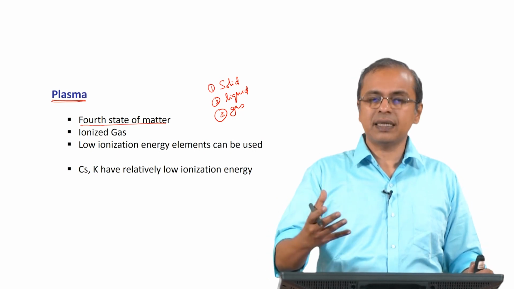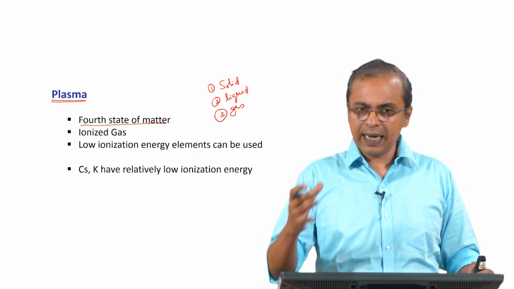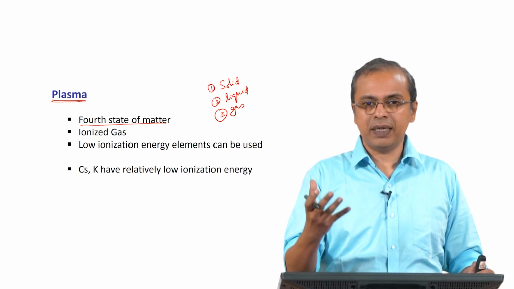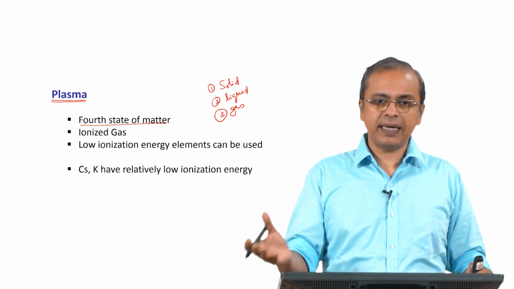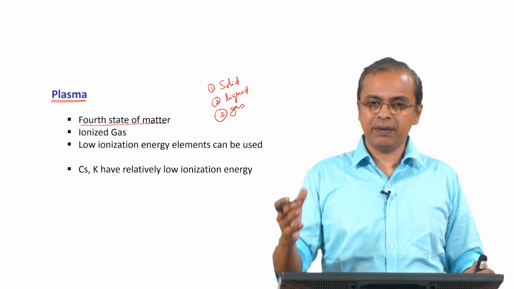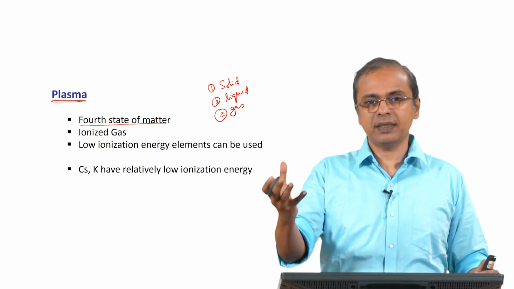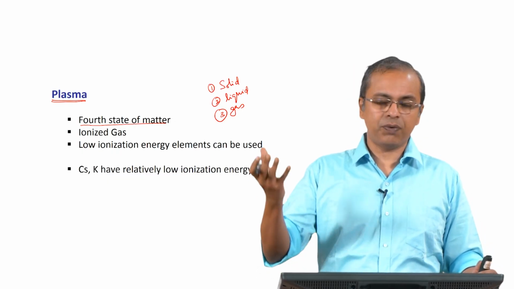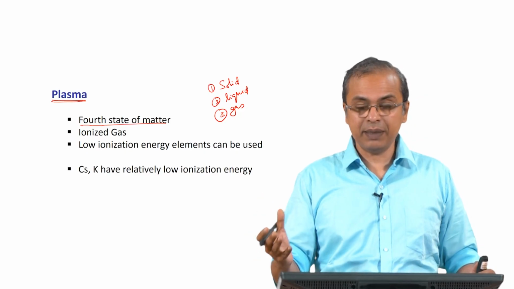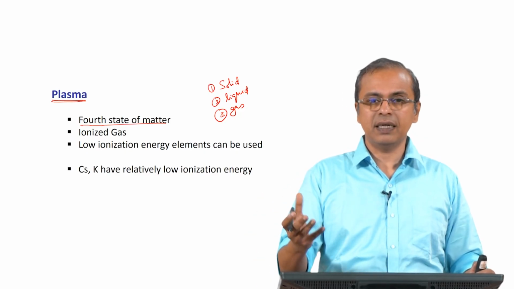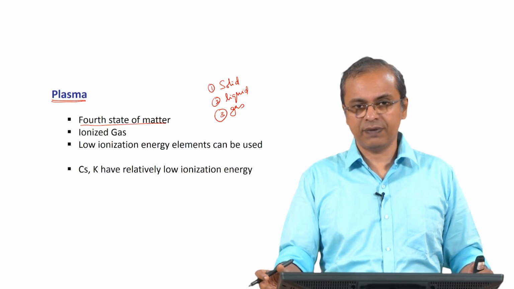So, in the sun we have plasma, and if you look at the mass of the sun, well over 99.5% of the mass of the solar system is the sun, right. So, 99 point whatever, more than 99.5, maybe 99.9% of the mass of the solar system is the sun, and the rest of it is all very small relatively speaking.